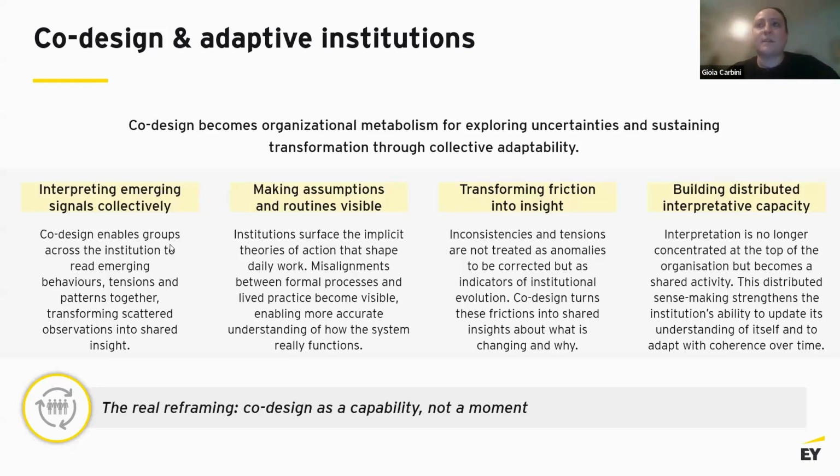So it creates structured moments in which those assumptions I was mentioning, implicit theories, routines, etc., can be made visible and examined collectively. So we try through co-design to operationalize learning.